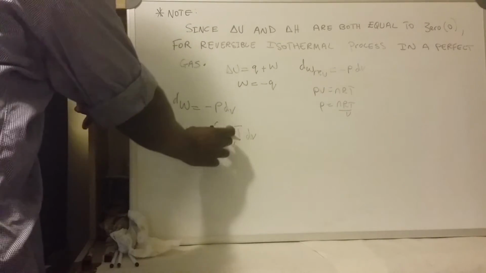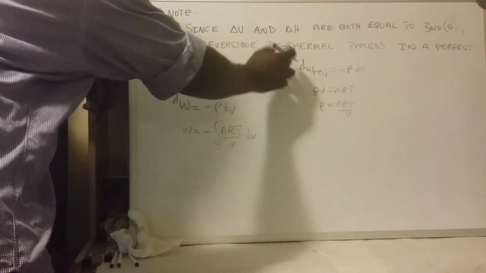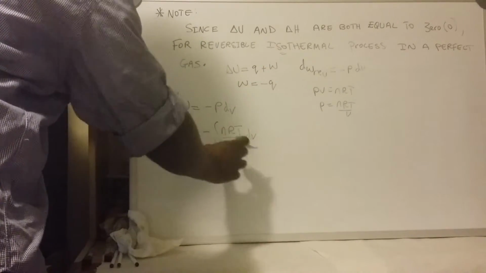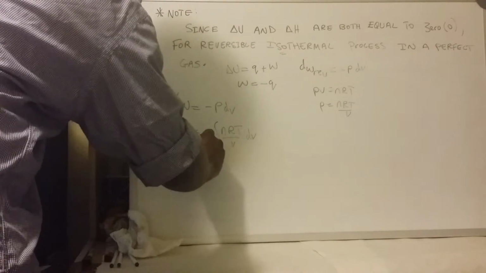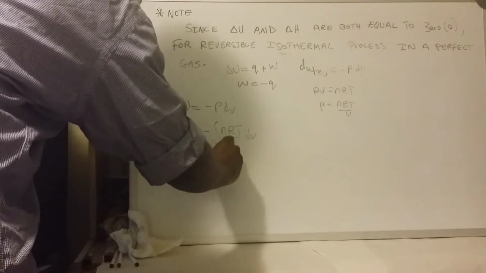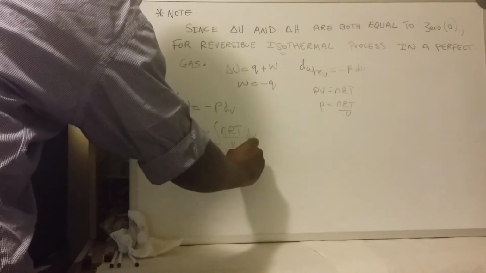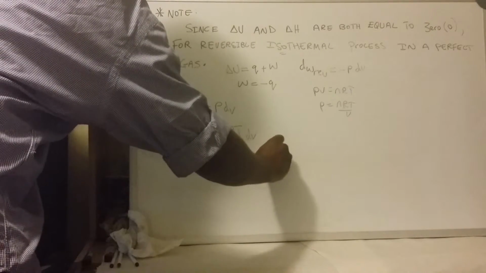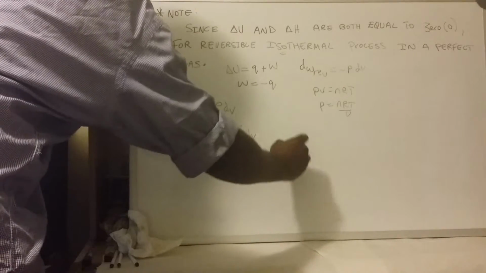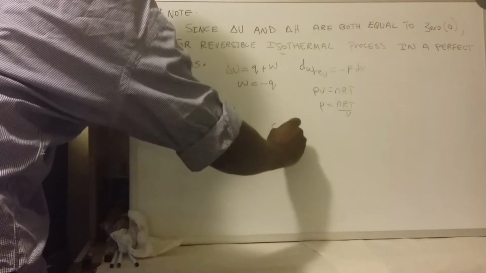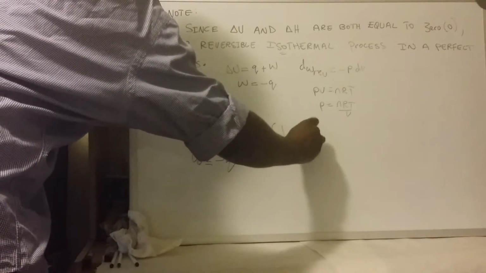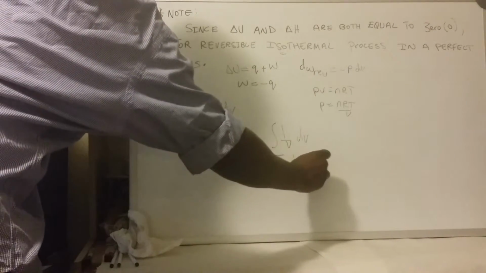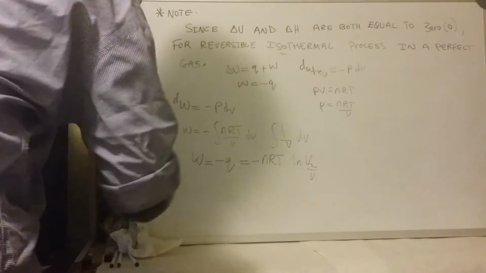So we can take this out because, like I said, for isothermal the temperature is constant and n and R are constant. So we can pull out all the constants. So we have W equals minus Q equals minus nRT times the integral of 1 over V dV, which is equal to ln V2 over V1.